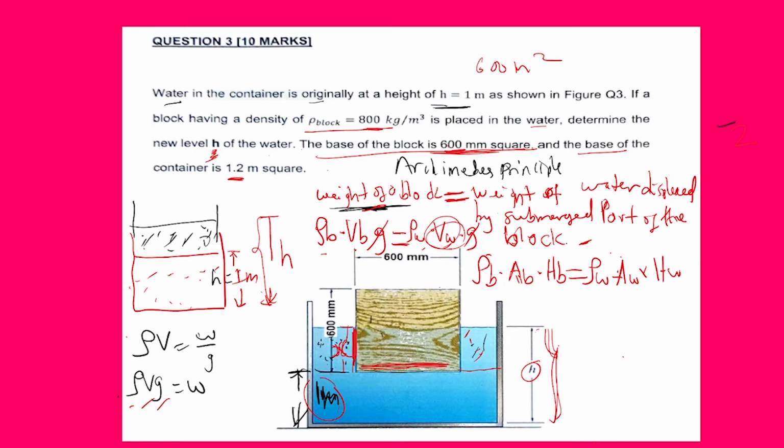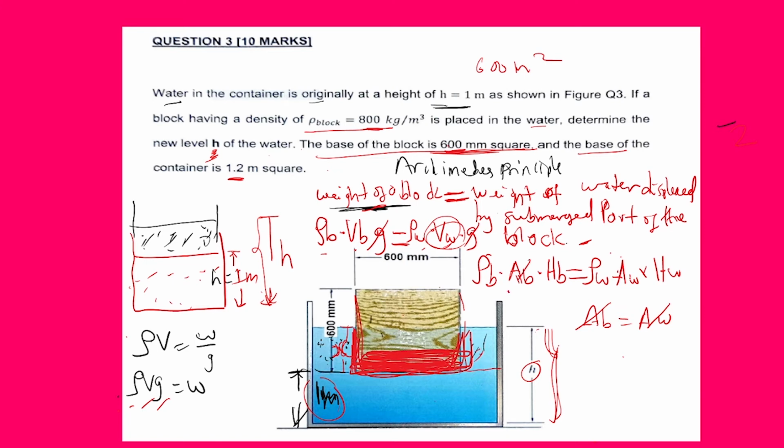Look, if we place this block in here, the base area of the water displaced is exactly the same as the base area of the block, because they are placed right here. So the water displaced has the same base. That's why this and this cancel.